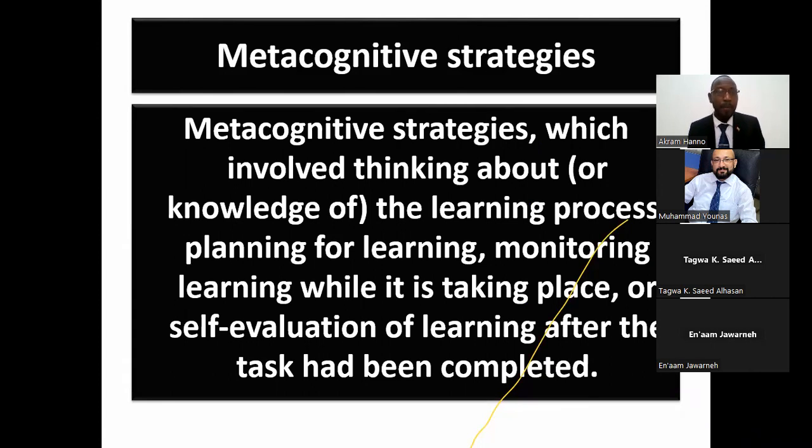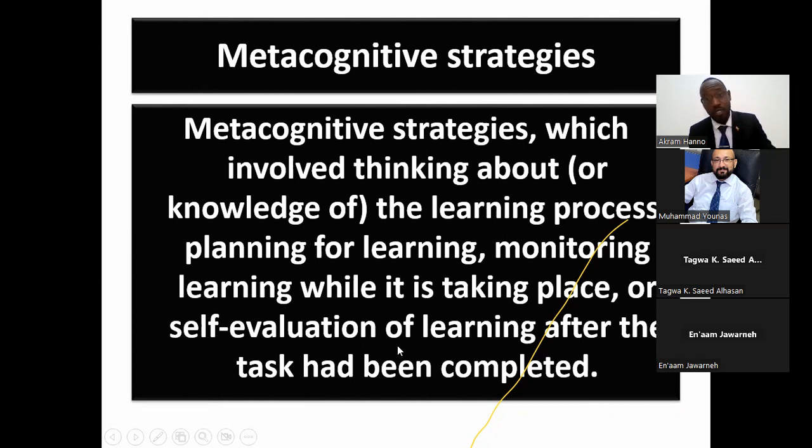Metacognitive strategies involve thinking about or knowledge of the learning process: planning for learning, monitoring learning while it is taking place, or self-evaluation of learning after the task has been completed.